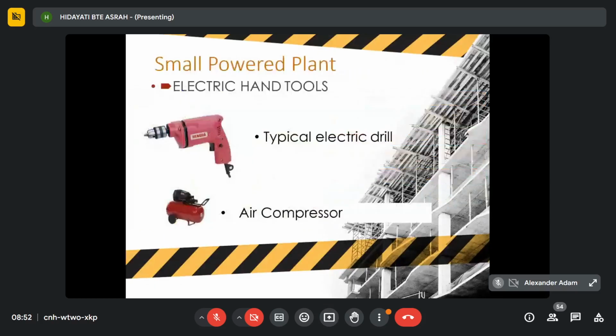So these are some examples of tools normally used in construction. Actually, there are many, but let's just give you some examples. The first one is the typical electric drill. We use it for boring holes into timber, masonry, and metal.